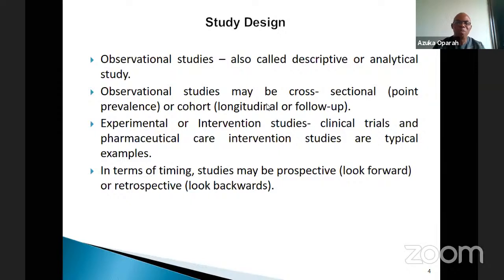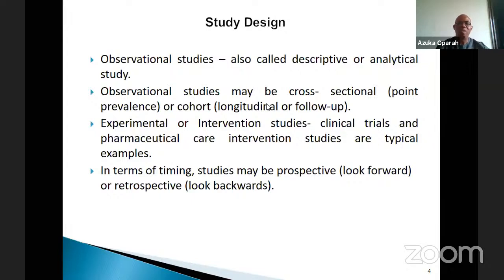For instance, if we are looking at the effect of a particular antihypertensive medication on the blood pressure control, you're simply looking at the patients who have been treated with the medication and then looking at the blood pressure. Nothing else is done.